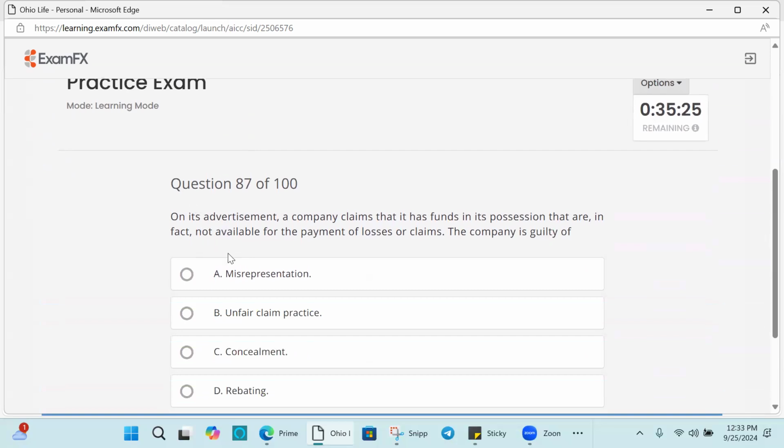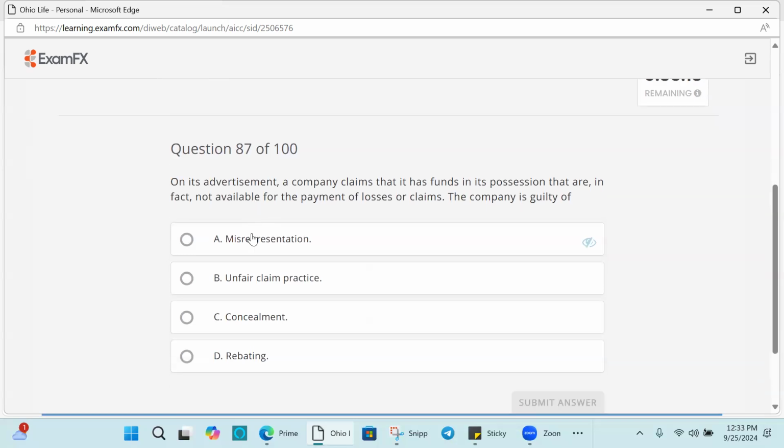In its advertisement, a company claims that it has funds in its possession that are, in fact, not available for payments of losses or claims. The company is guilty of what? Okay, it has funds, but they're not available.